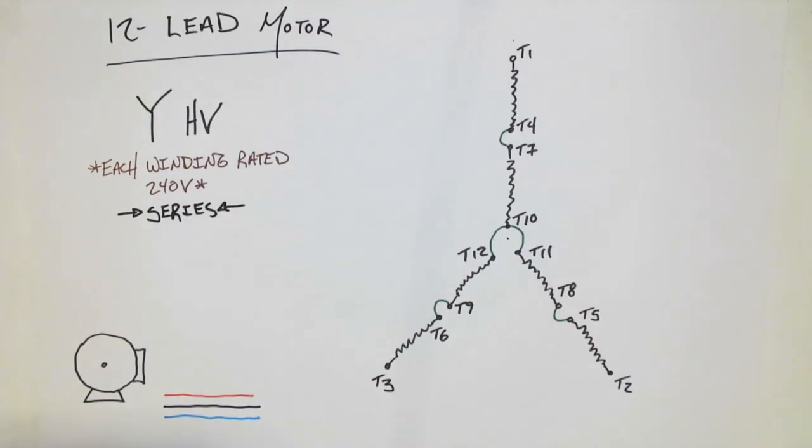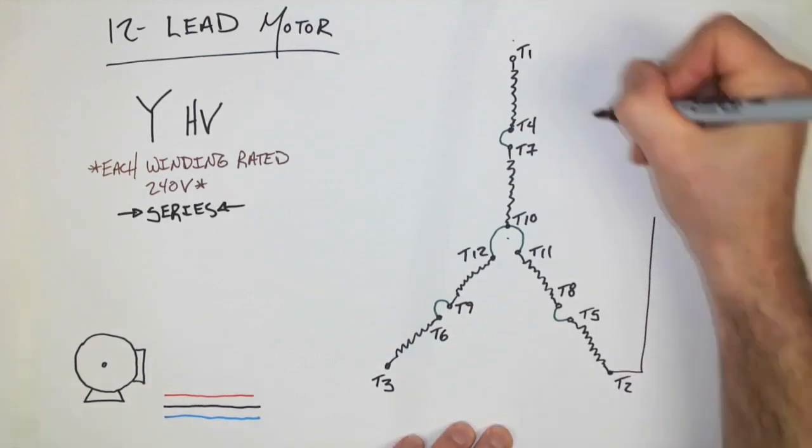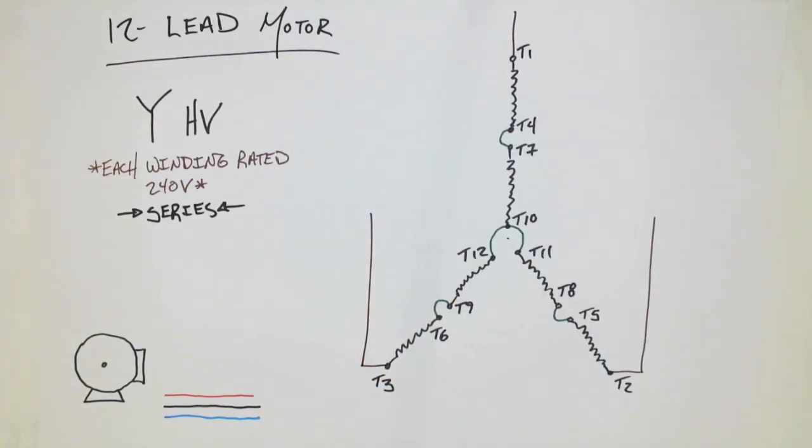Now notice I've placed here each winding for this particular motor. I've chosen to give it the rating 240 volts. So when we connect the source supply, we should be able to determine what voltage is being used for this particular connection.